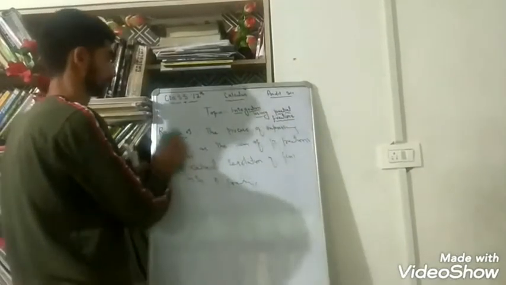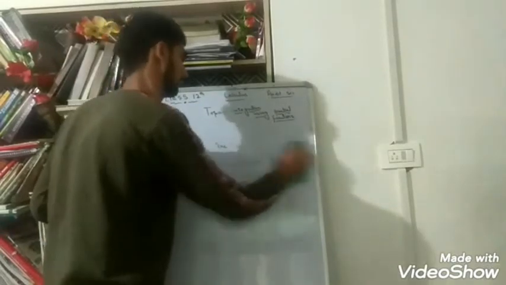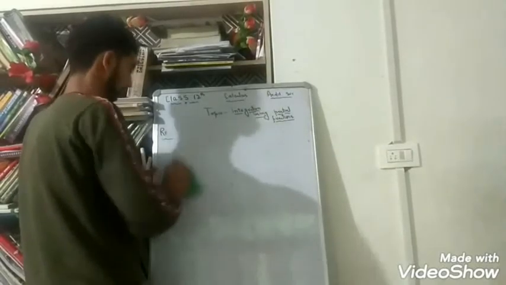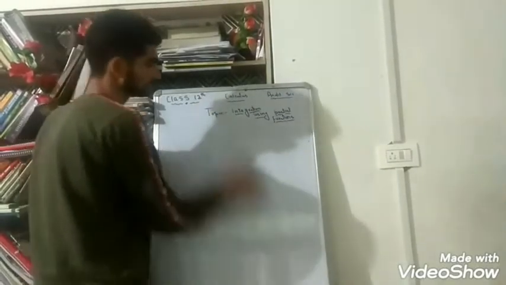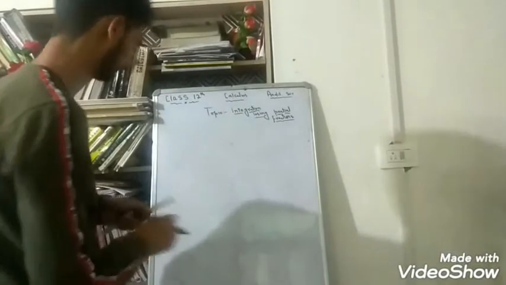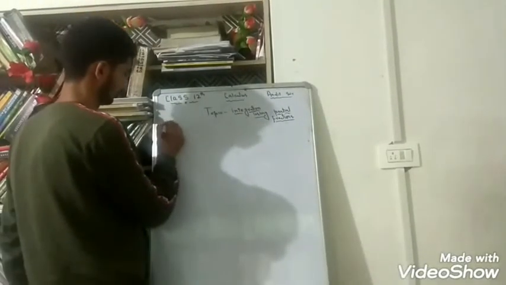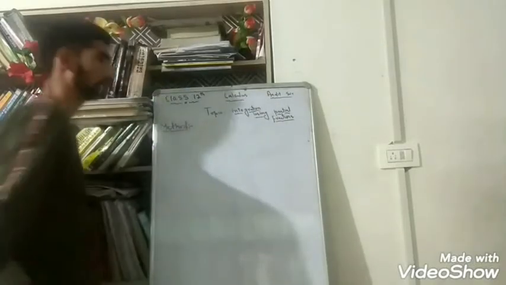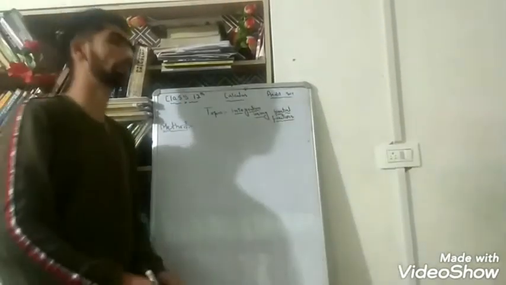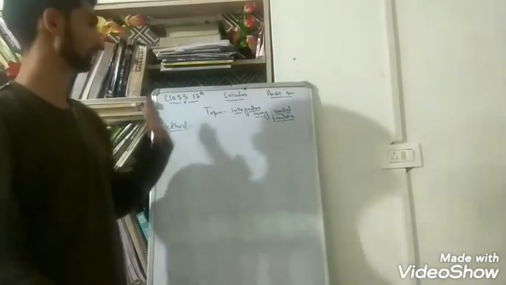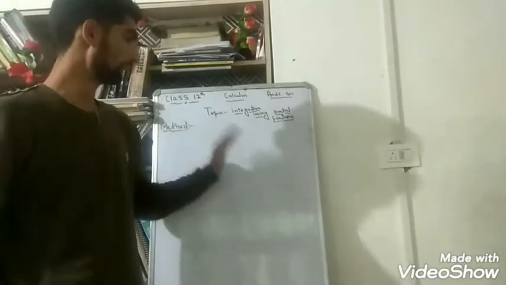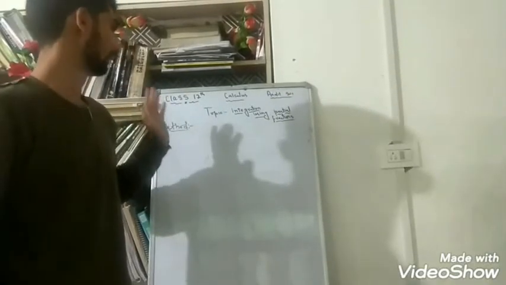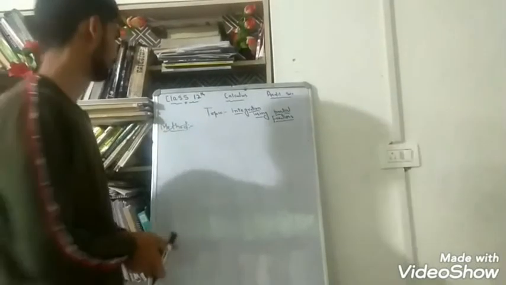Now we are going to discuss the method. These are the basic things you have to memorize and take under consideration. Now we are going to define our method. What is the method? If you have a proper fraction, you have to convert it into a sum of rational fractions, or a sum of partial fractions.